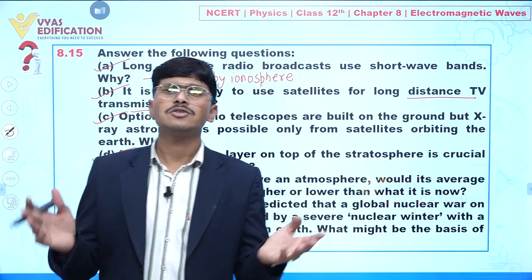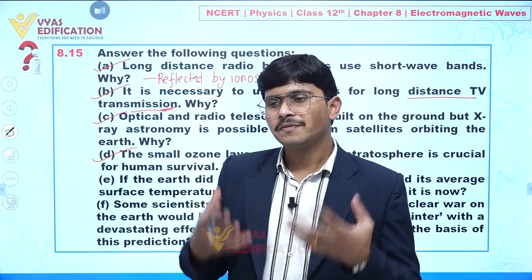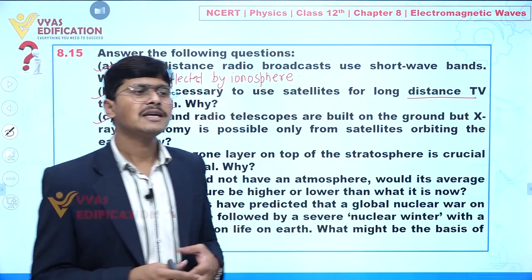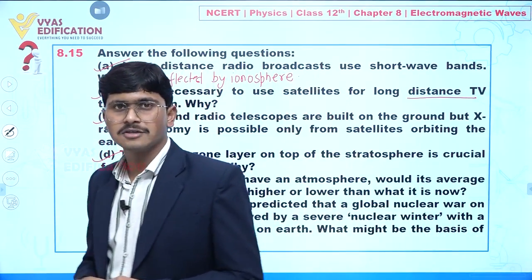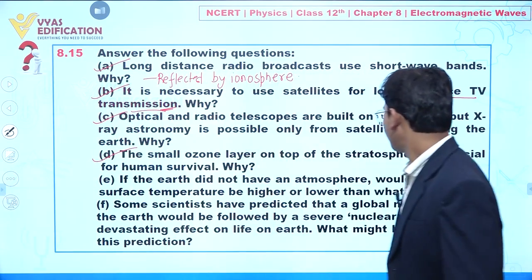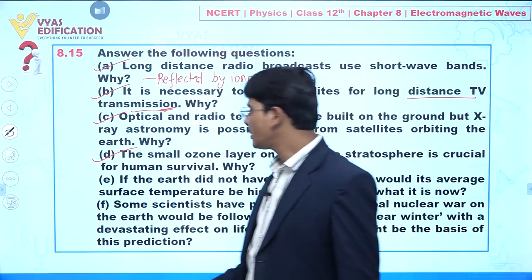If there is no atmosphere, the radiation coming from the surface of the earth is not absorbed by any particle. So when all the heat goes outside of the earth, definitely we feel winters, clear. So definitely the temperature becomes lower than what it is now, clear.